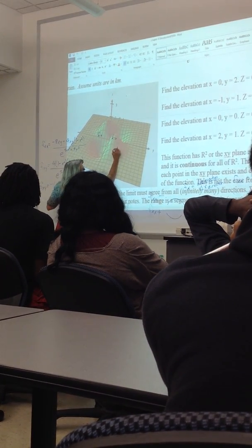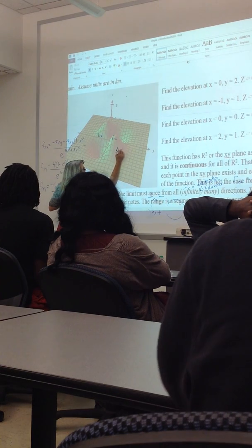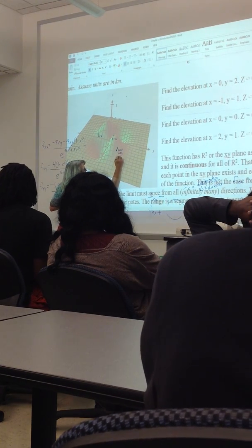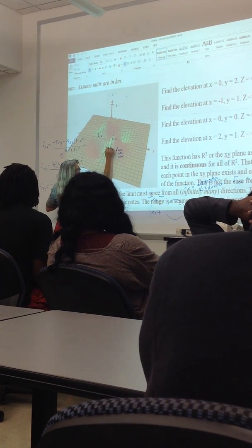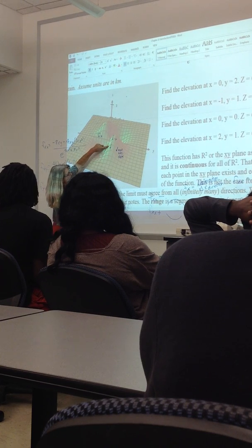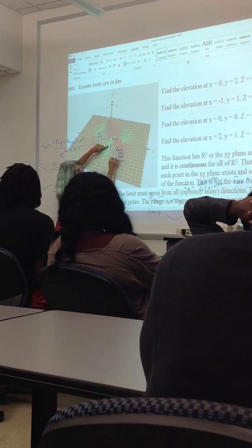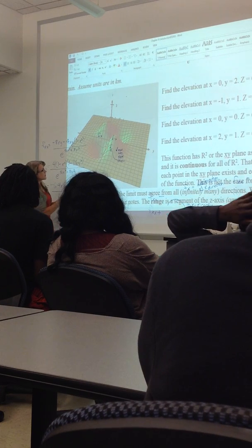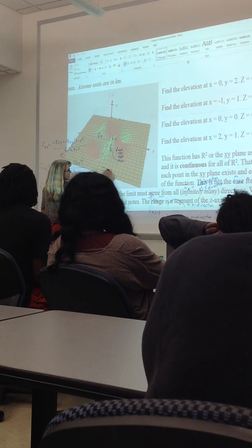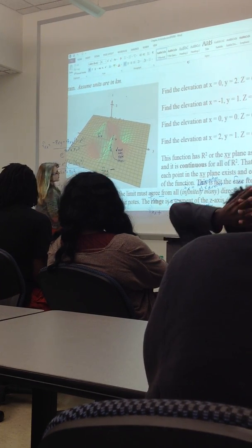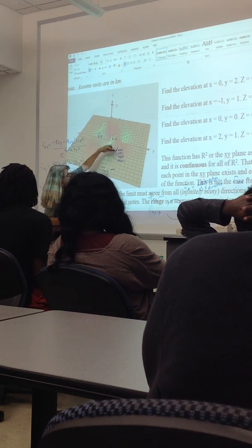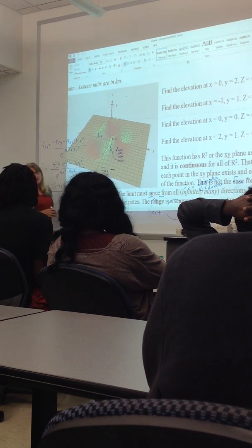So here, I think it's a more negative slope than here. That would tell me that f sub xy should be negative, because my slope is becoming more negative as I move in the y direction.